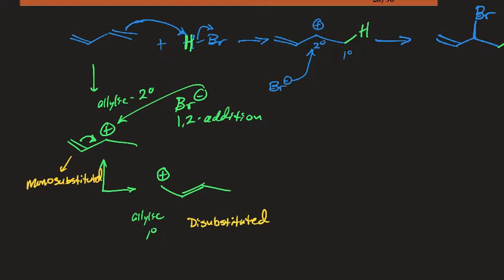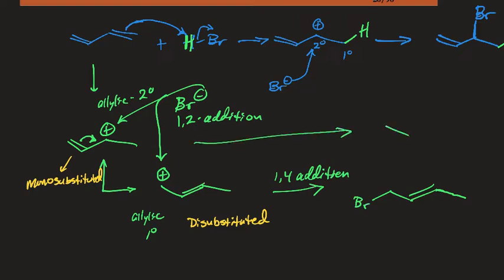All right. So it turns out if the bromine were to attack here, this would create what's called the 1,4 addition product. And so we would get that. And over here, in the 1,2 addition, we get this.